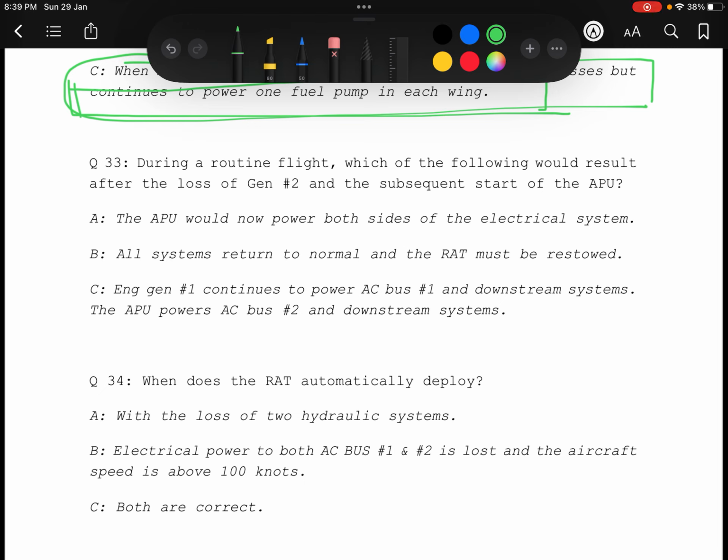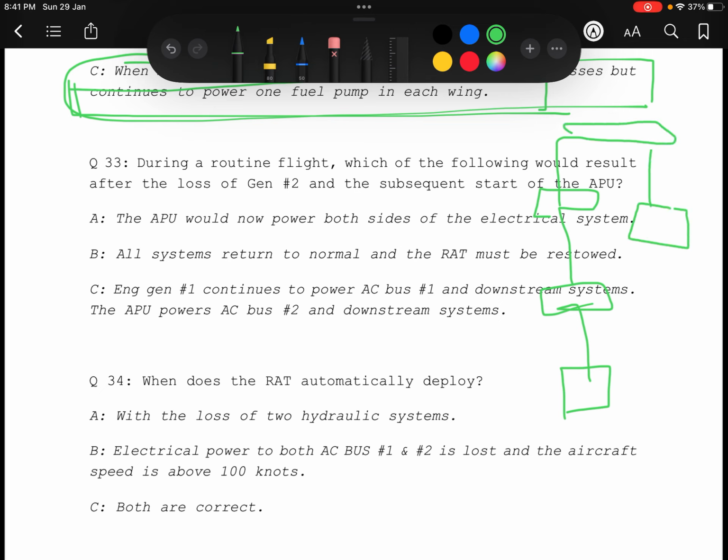During a routine flight, which of the following would result after the loss of gen 2 and the subsequent start of the APU? So question number 33. Now generator 1 is running, so it will supply AC bus 1, and then through TR1 it will supply DC bus 2, and then the DC bat bus, and then again the DC essential bus, right?